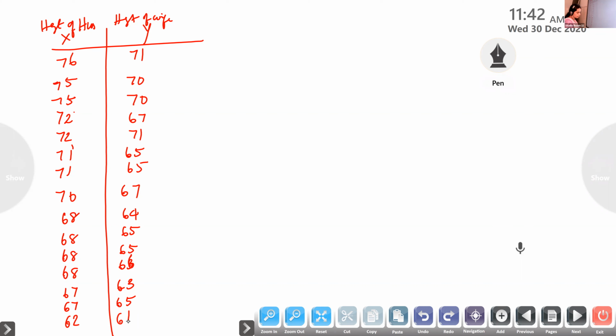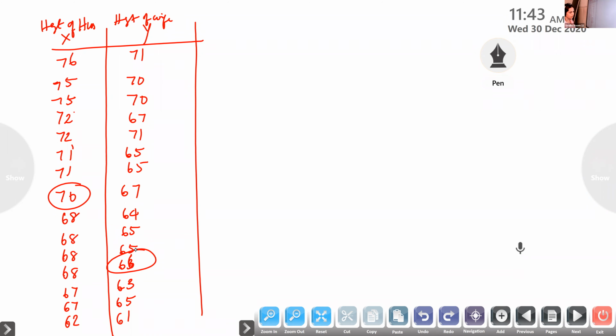Here, when xi and yi are big in number, we can take an assumed mean, approximately some middle value as A, and somewhat a middle value as B. We are going to do it by the assumed mean method. I'm going to take 70 as A, and for B, approximately 66.